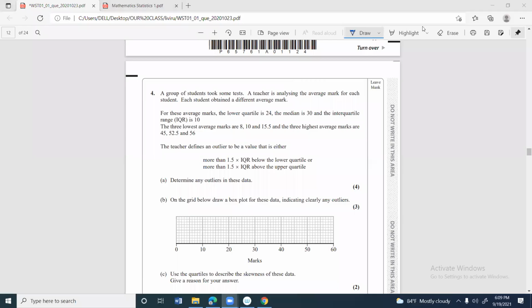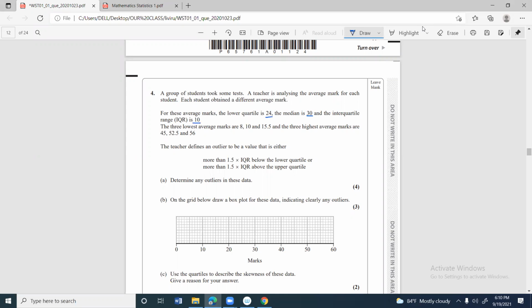Okay. Here, the next question: a group of students took some test. The teacher is analyzing the average mark of each student. For the average marks, the lower quartile is 24, the median is 30, and the interquartile range is 10.